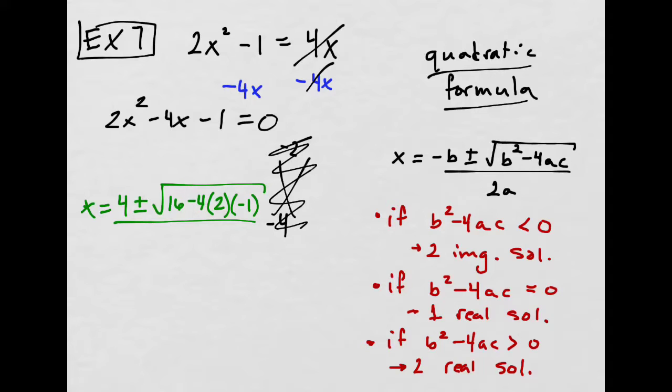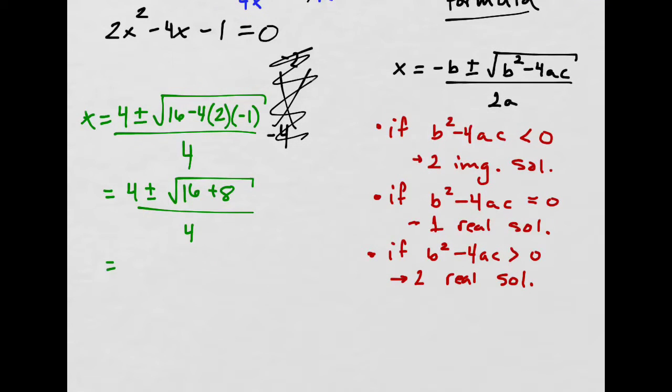Already I can tell that I'm going to have two real solutions, because negative times negative is a positive, so I'll have 16 plus 8. And then divided by 2 times A, which is 4. So this is 4 plus or minus the square root of 16. And what is this? Negative 8 times negative 1 is positive 8, so plus 8. And then divided by 4.